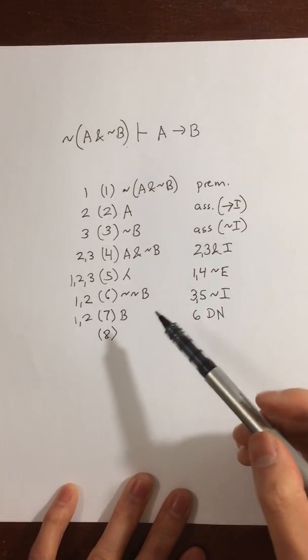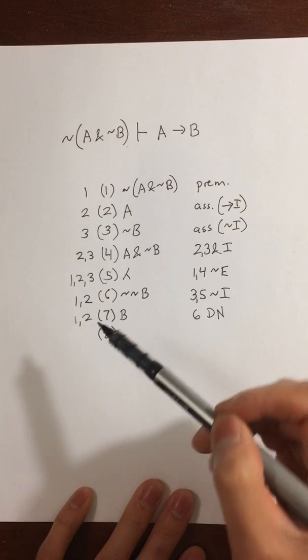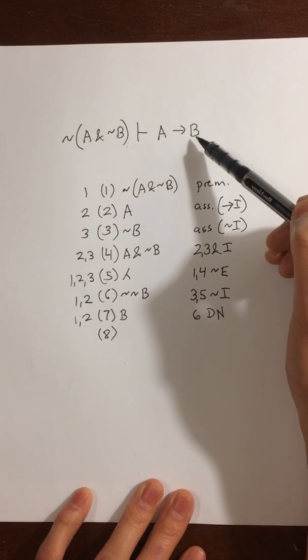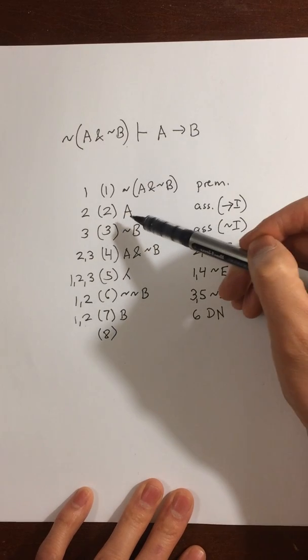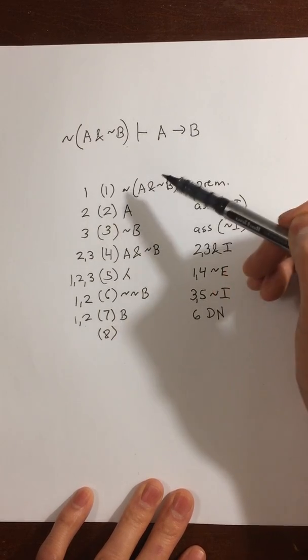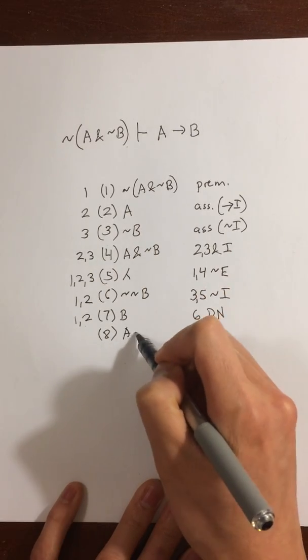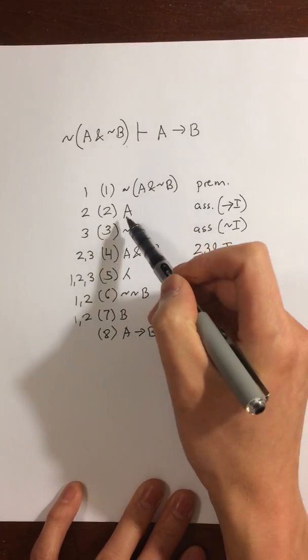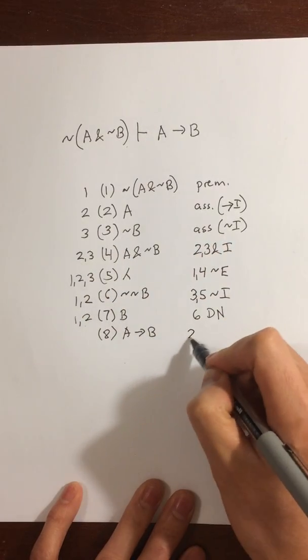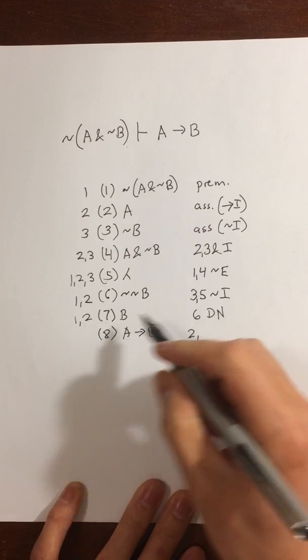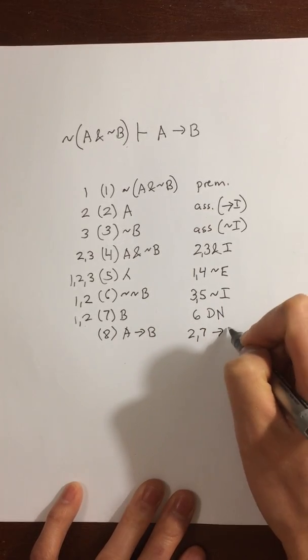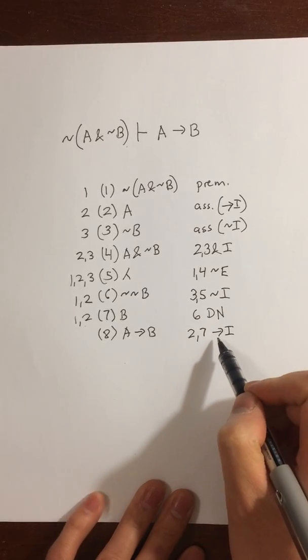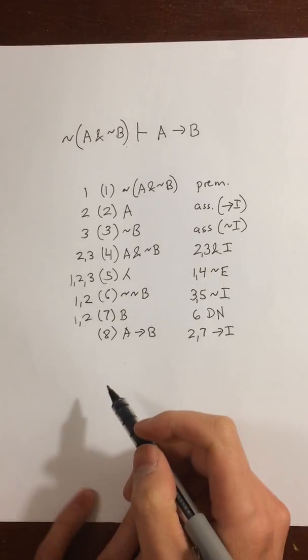Then on line 8, we can put it all together because we said that once we've derived our consequent, we can combine it with our antecedent and produce A arrow B. The antecedent is from 2, the consequent is from 7, and the rule that allows us to produce a conditional is conditional introduction.